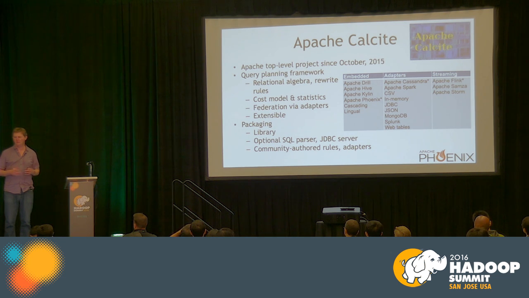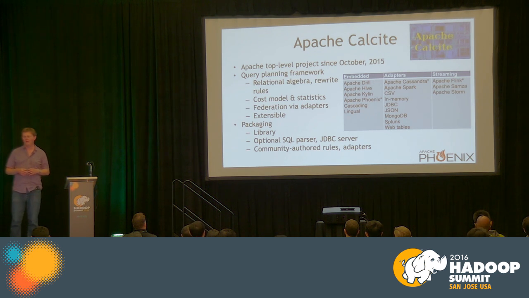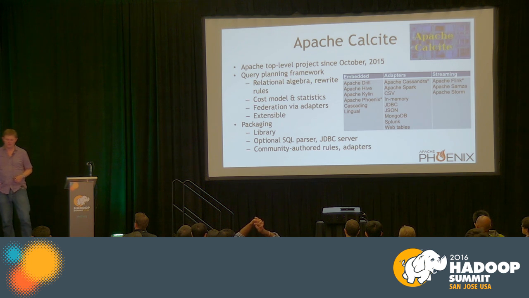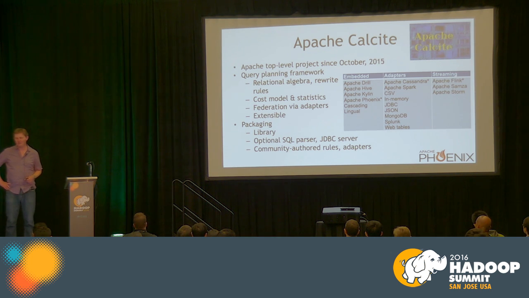It's a superb process and community, and this kind of stuff wouldn't be possible without Apache. Calcite, like all Apache projects, has a very open process. You can just show up on the dev list and start participating. Calcite's been a top-level project since 2015.